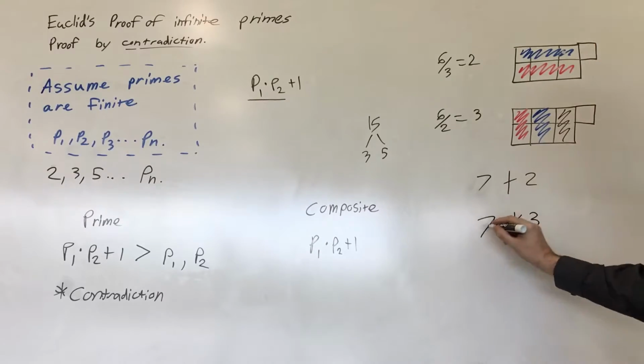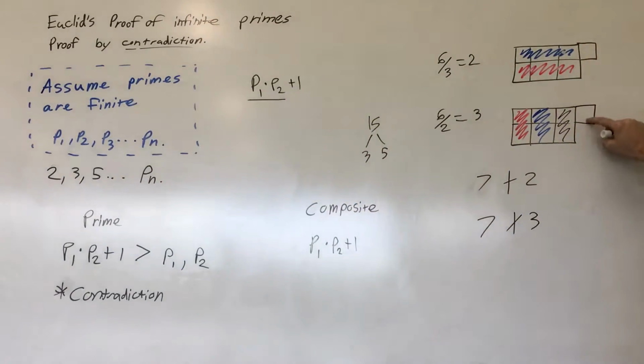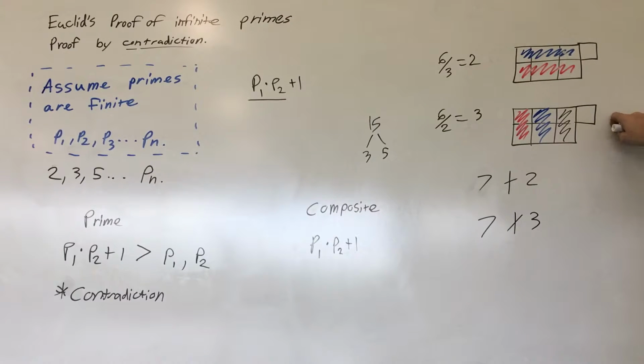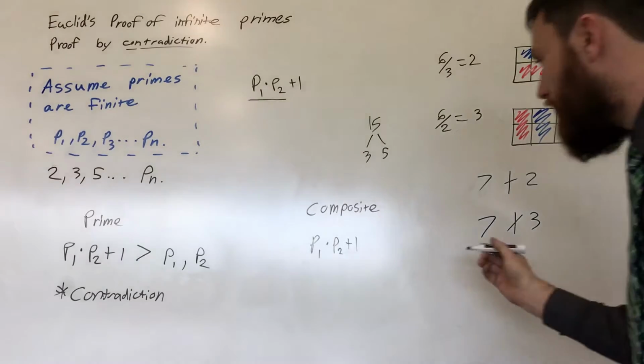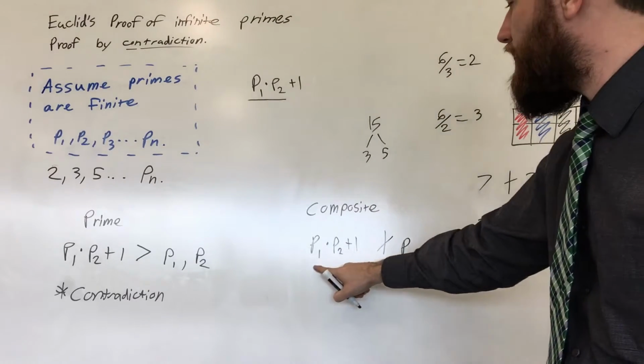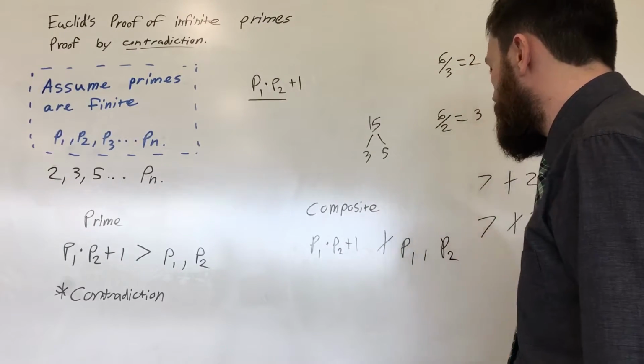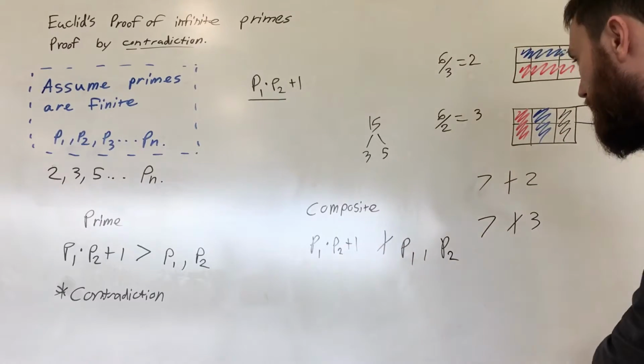And 3 does not divide 7 because of the plus 1. So no matter what happens, we can't divide it. So we say P1 does not divide this number, and P2 does not divide this number.